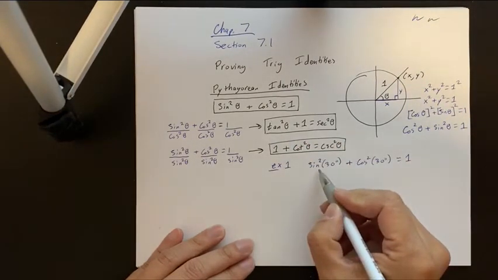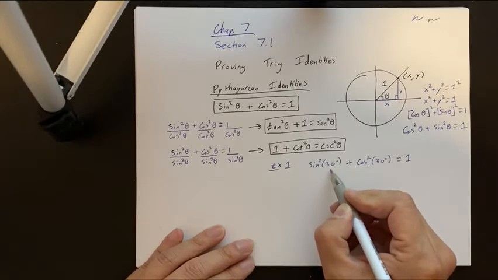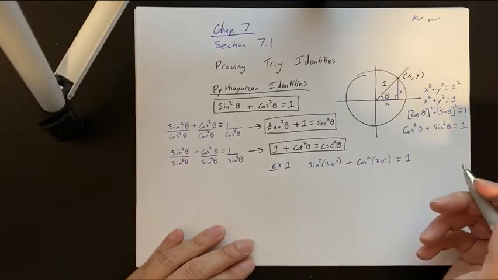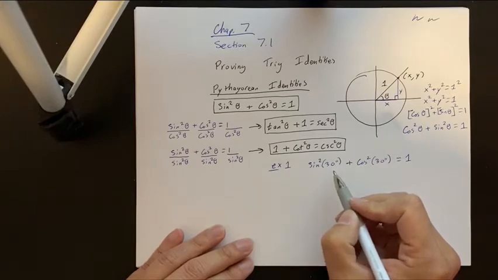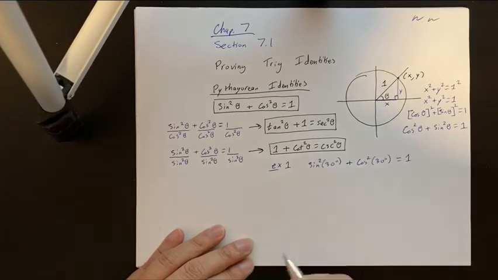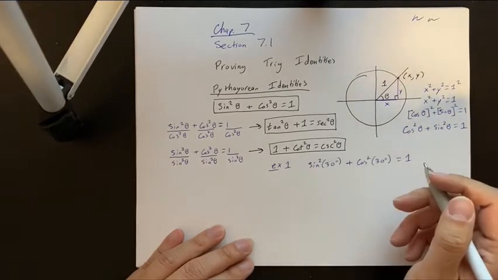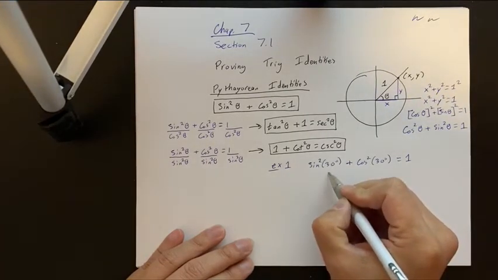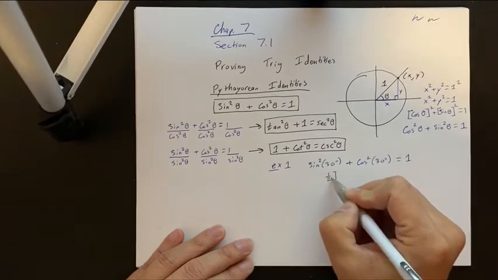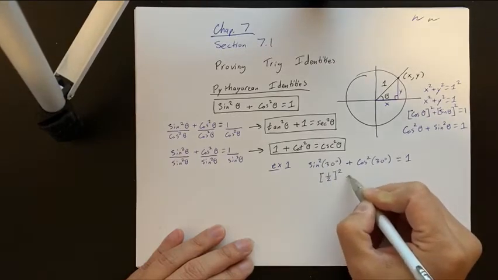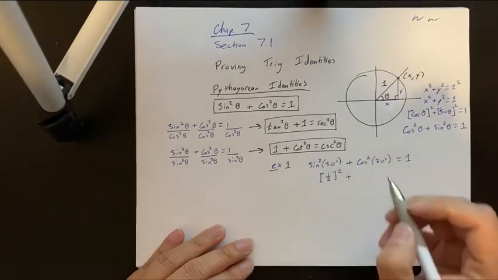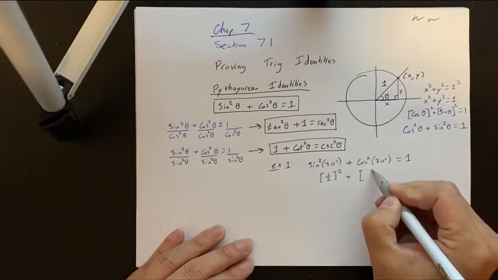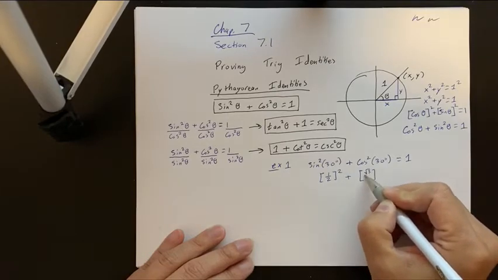Okay, so what is sine 30? Well, sine 30, that's opposite of 30 degree on a 30, 60, 90 degree right triangle. So opposite of 30 is going to be 1/2. And I'm squaring that. Cosine of 30 would be adjacent to 30, and that's going to be root 3 over 2.